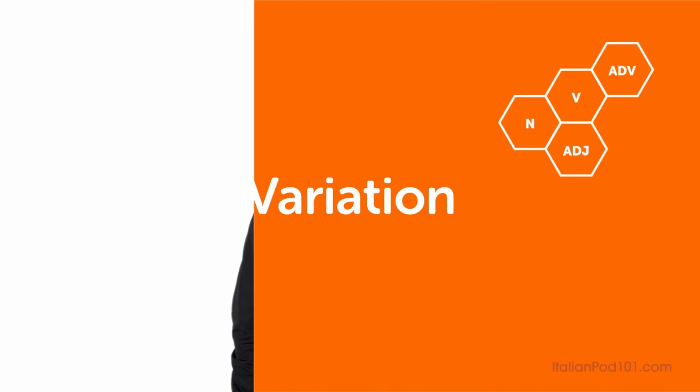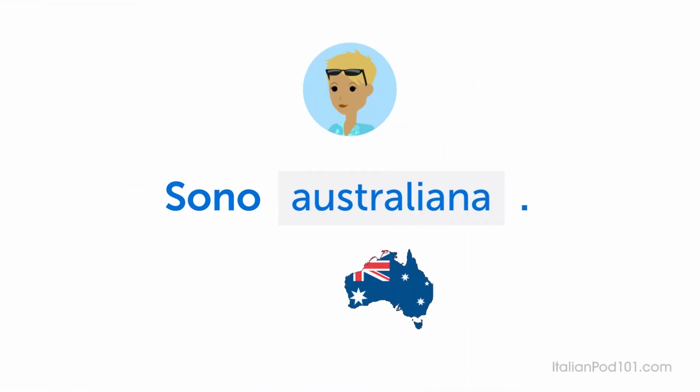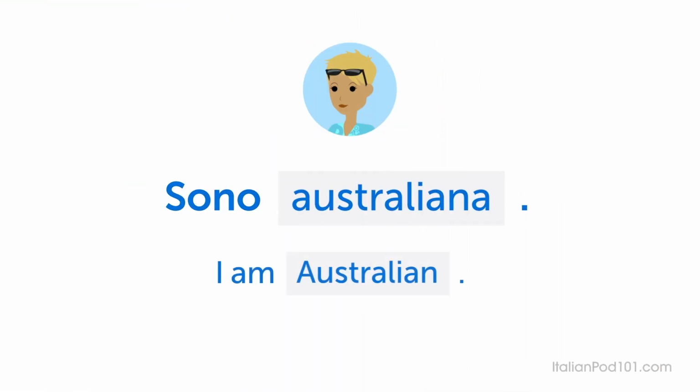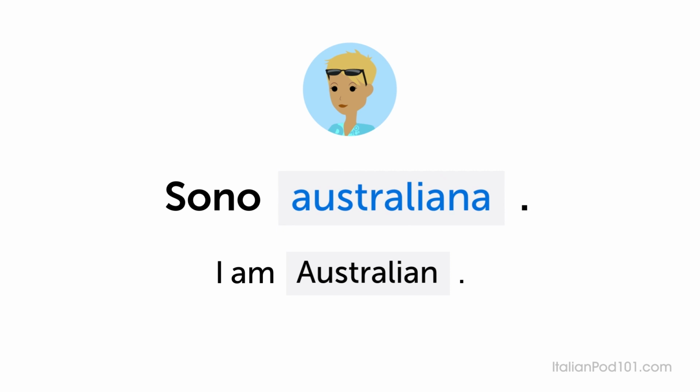Did you notice how the last speaker uses a different pattern? Sono australiana. I am Australian. Instead of di plus the city name placeholder, she uses an adjective for her nationality.